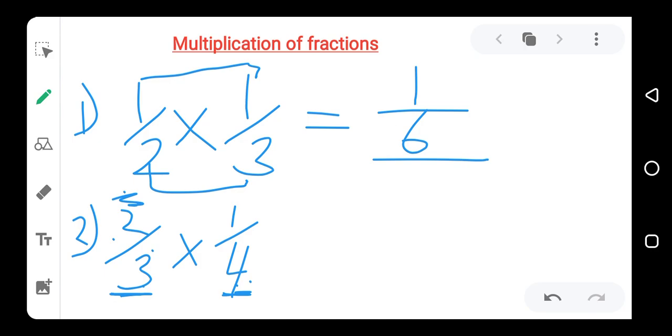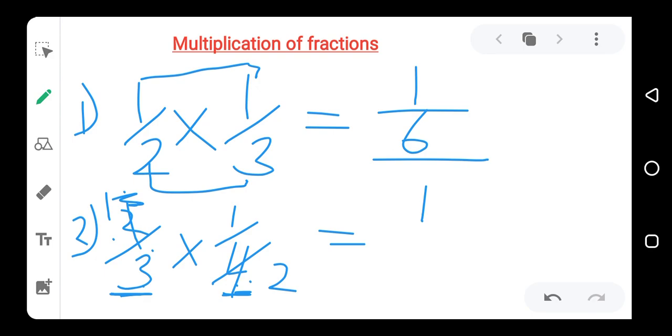Now for 4, 2 can divide 4, and we have 2. And 2 can divide 2, then we have 1. So at the end, what we are going to have is 1 times 1, which is 1.